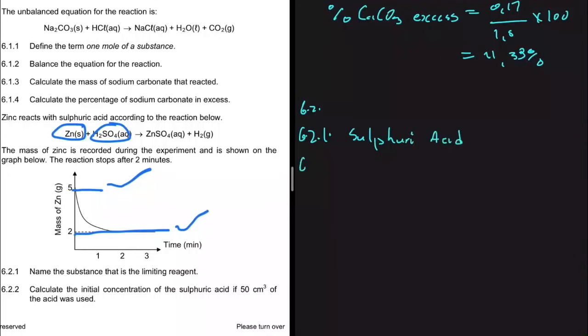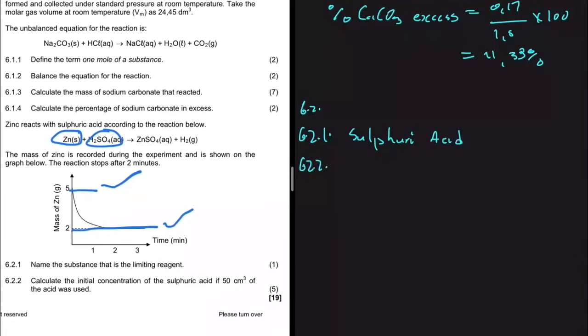And now we can do 6.2.2. 6.2.2 says calculate the initial concentration of the sulfuric acid if 50 centimeter cube of the acid was used. All the time when I have a question like this, I'm going to write the formula down. If I cannot see the formula on the answer sheet, it's just too confusing for me.